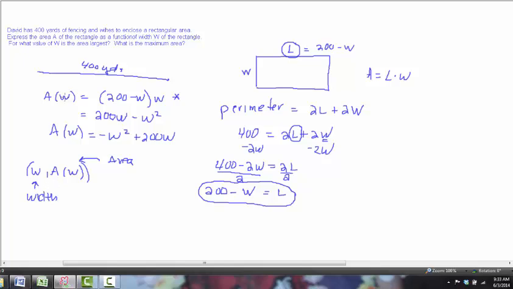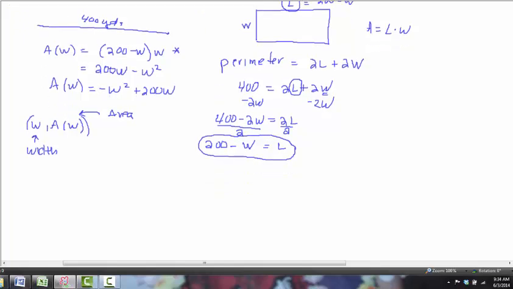So the next question says, for what value of W is the area the largest? Well, for one, you can graph this function like we did with the box problem lab, or you can know that this is a negative W squared function. So without even graphing this, I know it's going to be a parabola that opens down. And when I'm being asked to maximize something, I'm looking for that highest point, that local max.